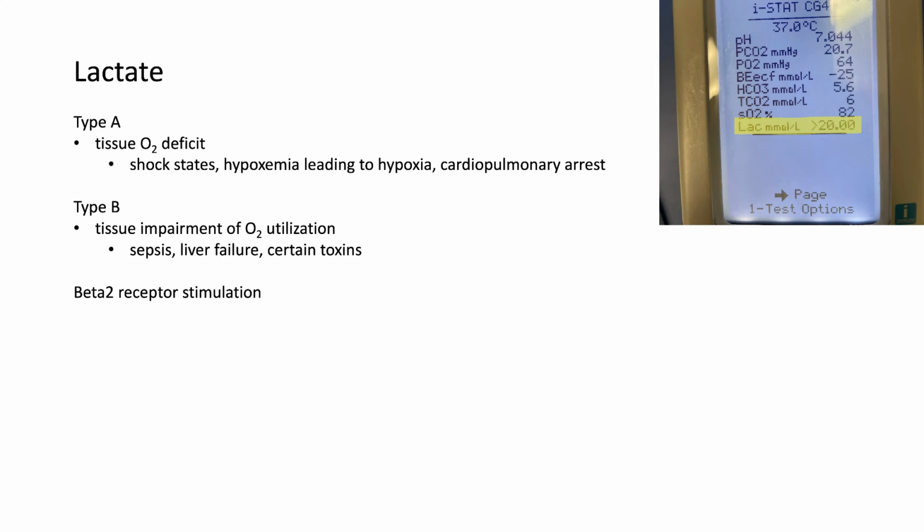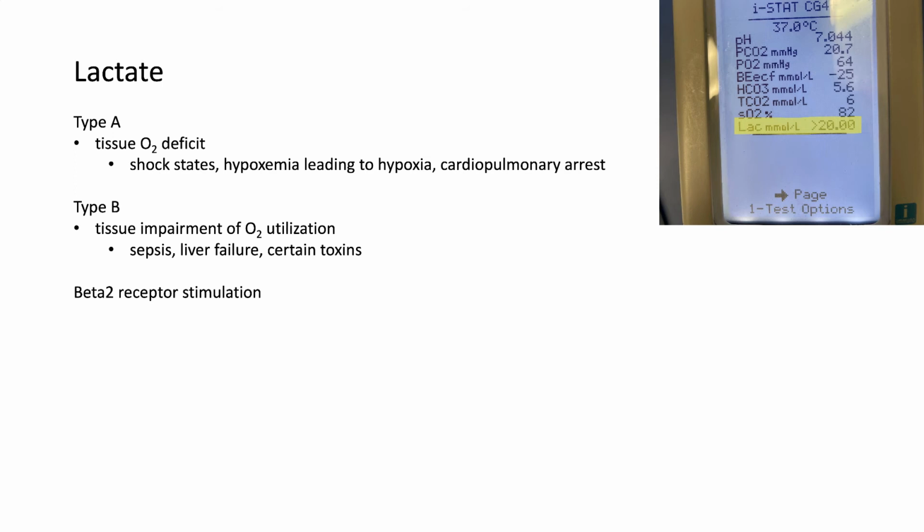The patient was in shock, had a low blood pressure, so that can cause a type A lactic acidosis. The patient was on norepinephrine, so that comes to our beta-2 receptor stimulation. And there were actually, sepsis was on the differential, and so that can result in some mitochondrial dysfunction, as can iron actually.